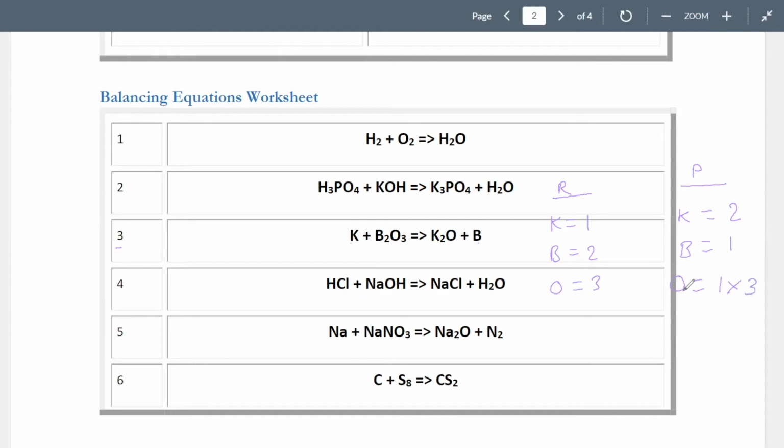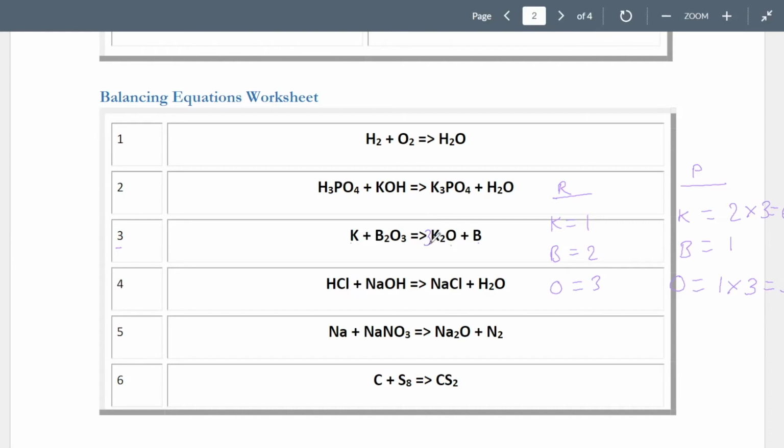If you multiply that by 3, then it is also going to affect the potassium. So this will also get multiplied by 3. So then we'll have 6 of those and 3 of those. Let's write that down. Let's put 3 over here.